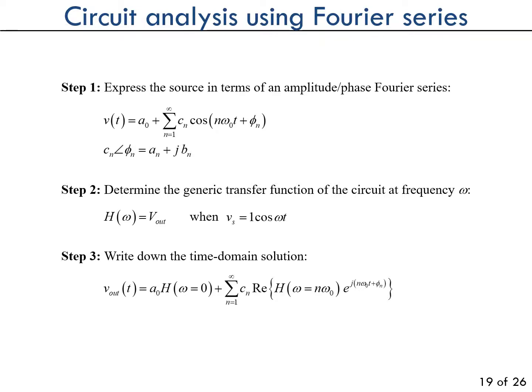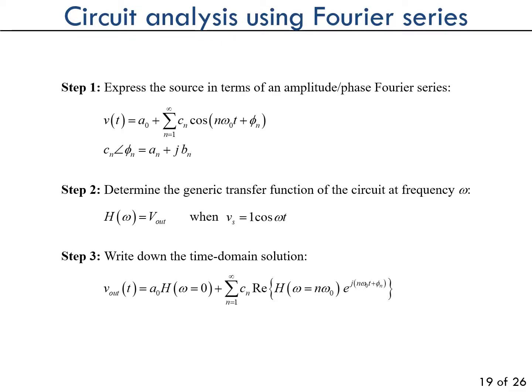What you do there is let the input be 1 cosine omega t, and in phasor notation that's just 1 because the phase is 0. So the input is just 1, and the output is just H of omega.